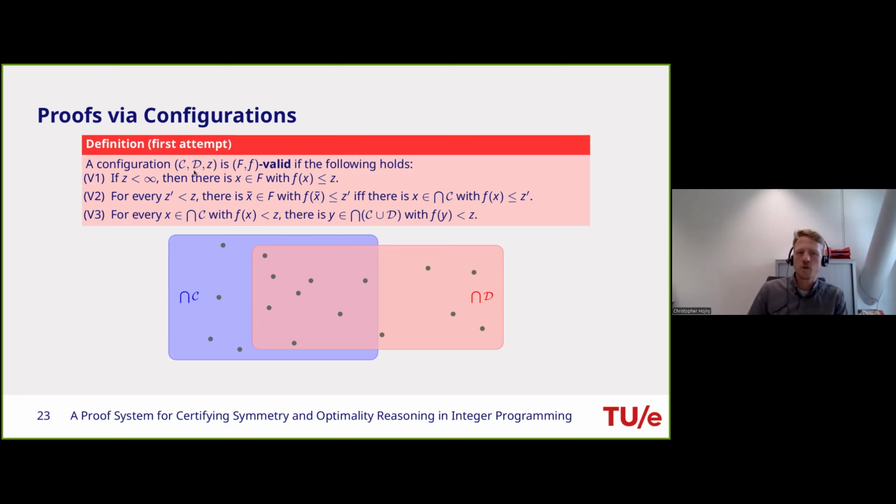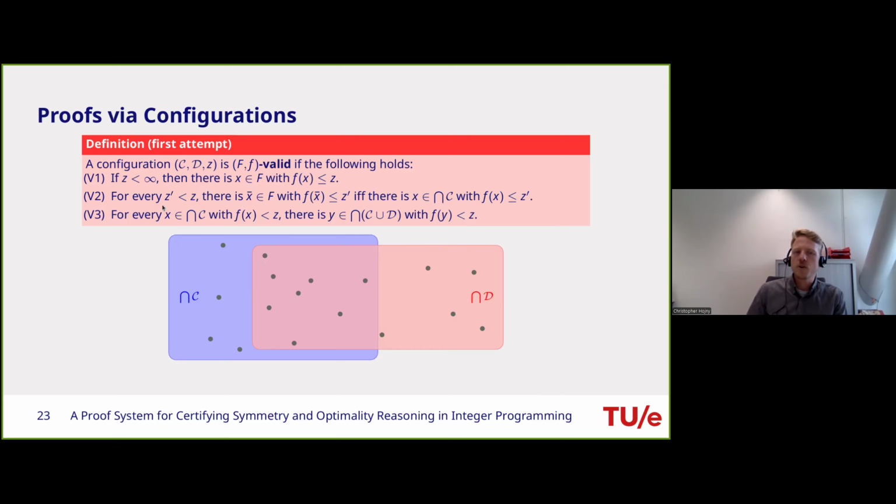I call such a configuration coupled to the problem that I want to solve, or F, valid, if it has three properties. The first property is that when this value z, which can be thought of as an upper bound on the best objective value, takes a finite value, then there must exist a solution x in the feasible region of my optimization problem with an objective value that is not worse than this upper bound z.